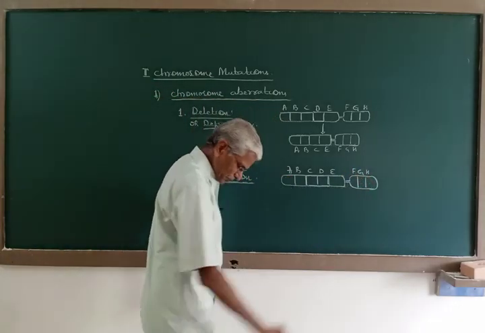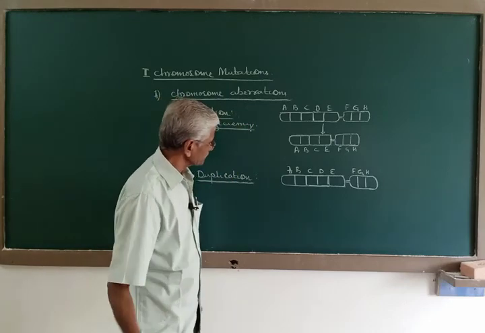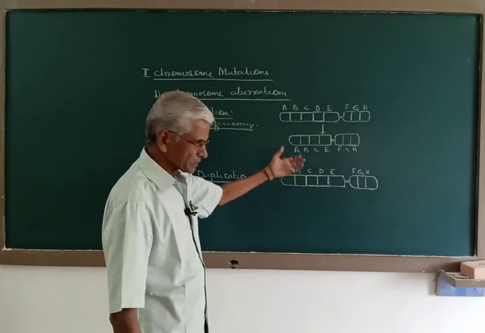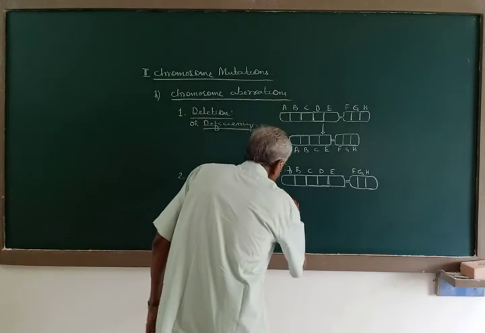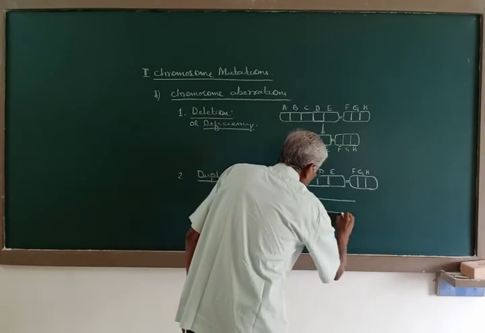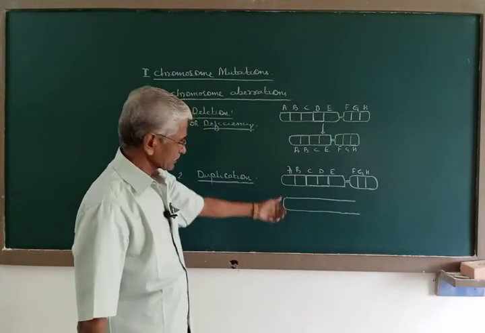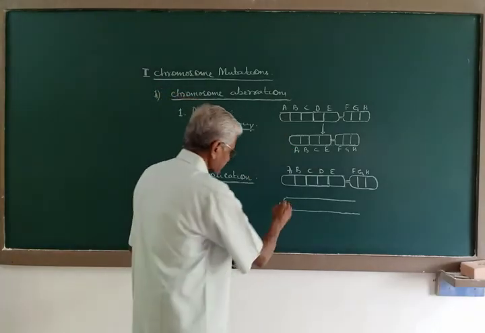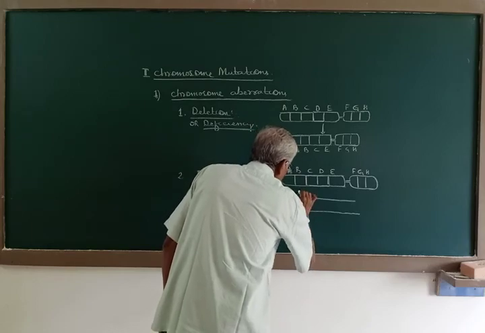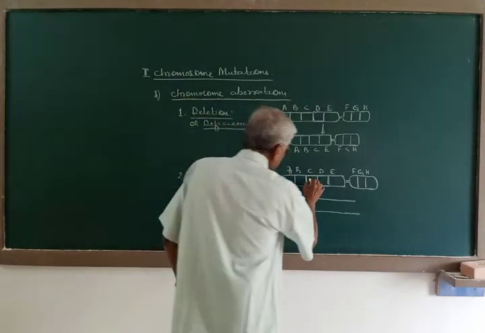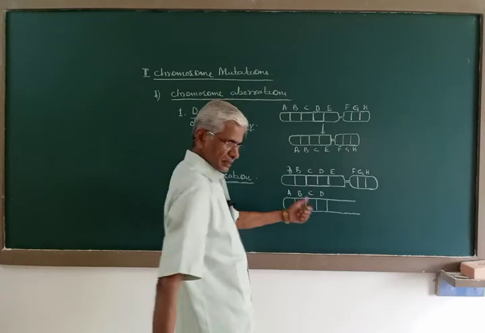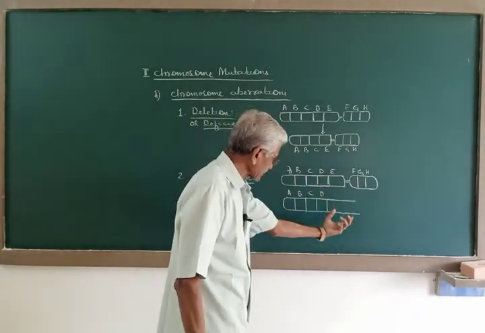So this is one chromosome. In this chromosome, this segment has been separated and it will join. This is the other chromosome which is its homologue, and these two form a pair of chromosomes. And here, A and B are already there, and C and D earlier, and this segment again joined this.